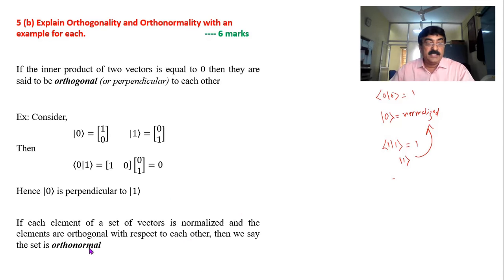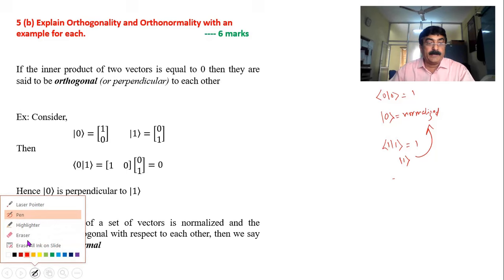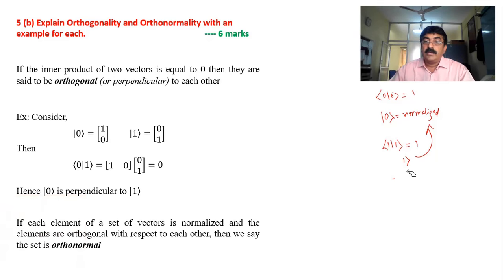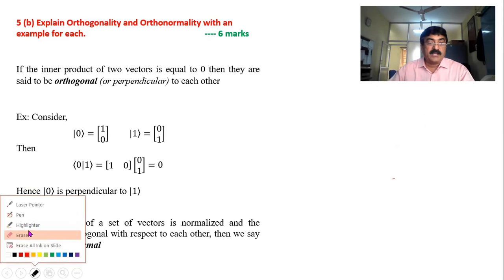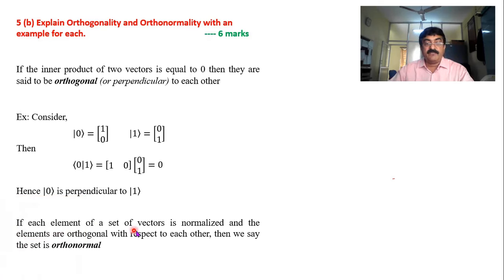Normalization means we have to take it on the same vector. Okay, now I just remove this part. That's what I have mentioned here: if each element of a set of vectors is normalized and the elements are orthogonal with respect to each other, then we say the set is orthonormal.